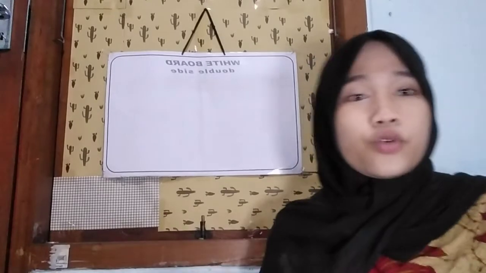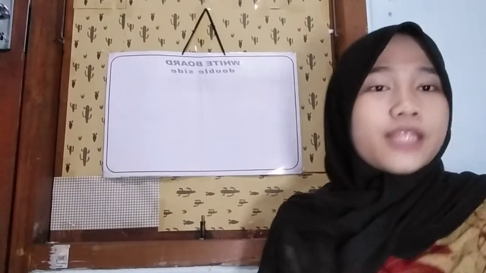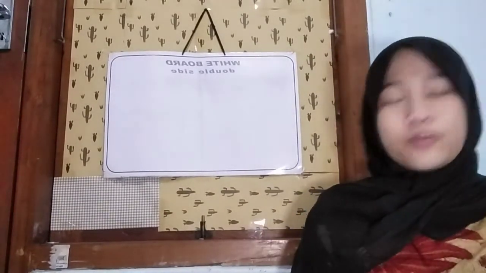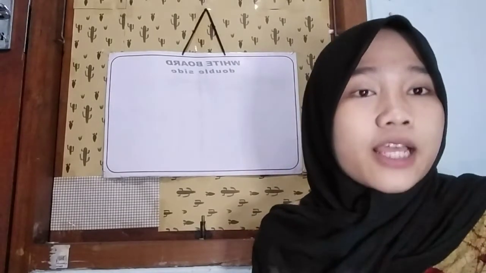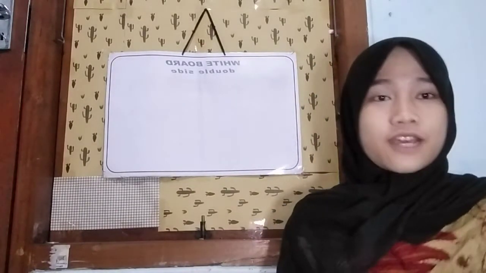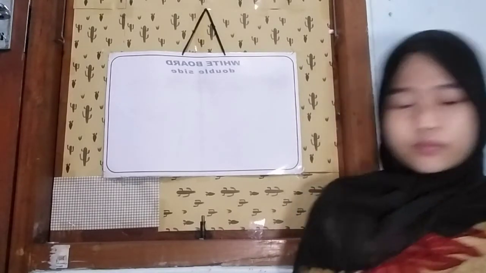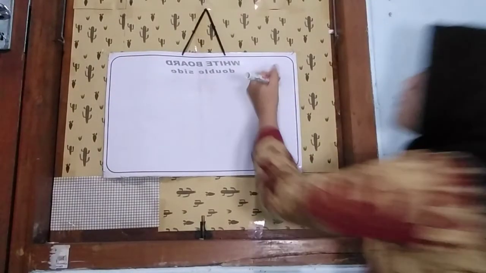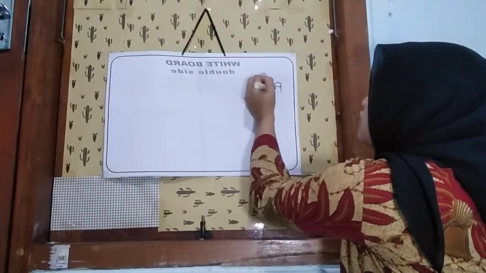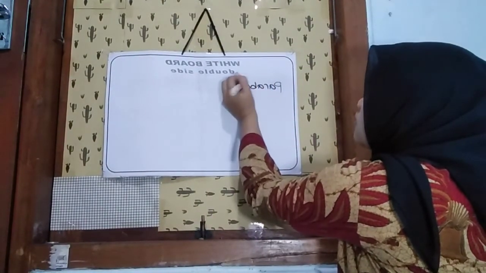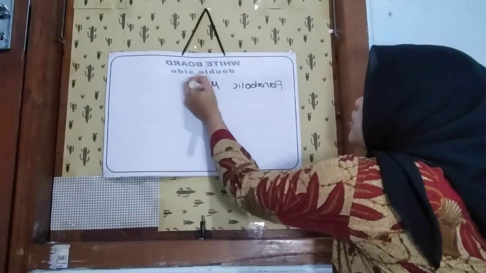Next, I want to tell you what is the purpose of the material today. The purpose is that students can analyze what parabolic motion is. The material today is parabolic motion.